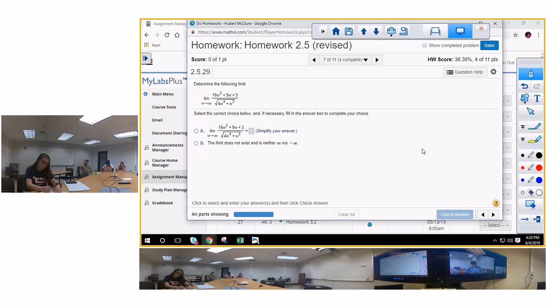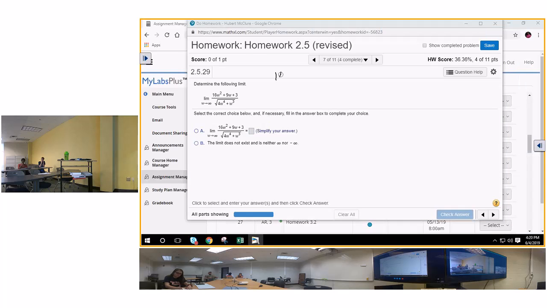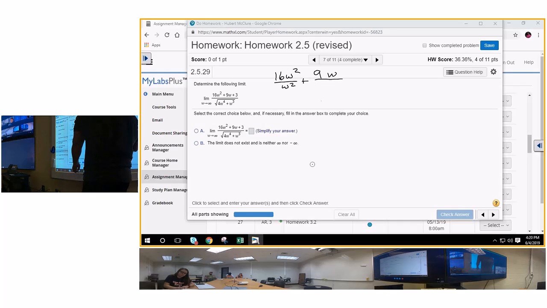So the top we're going to divide by w squared, and that's going to give us 16w squared over w squared plus 9w over w.